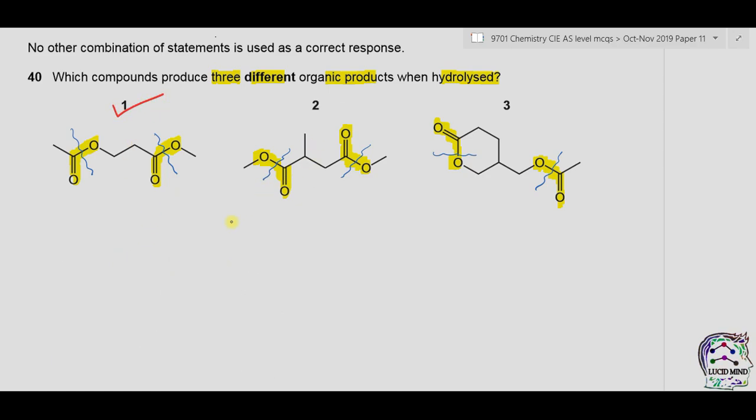Similarly, when compound 2 is hydrolyzed, the oxygen will form alcohol, while the carbonyl carbon will form carboxylic acid. This carbonyl carbon is also converted into carboxylic acid and this oxygen is converted into alcohol. The product formed is CH3OH.